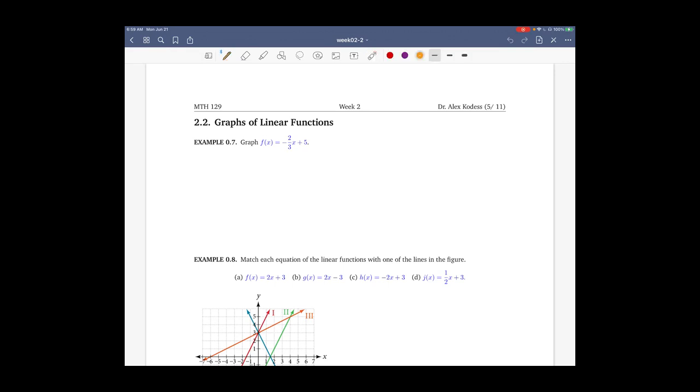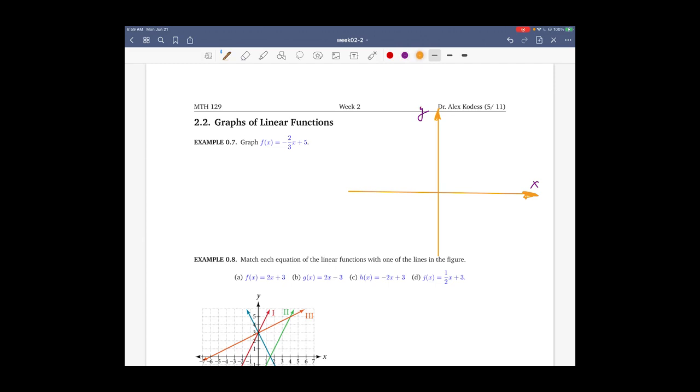So let me draw a coordinate system. Naturally, it is enough to find any 2 points that will lie on this graph, because the graph is a straight line, as we learned last time. 2 points will be enough to draw the line.